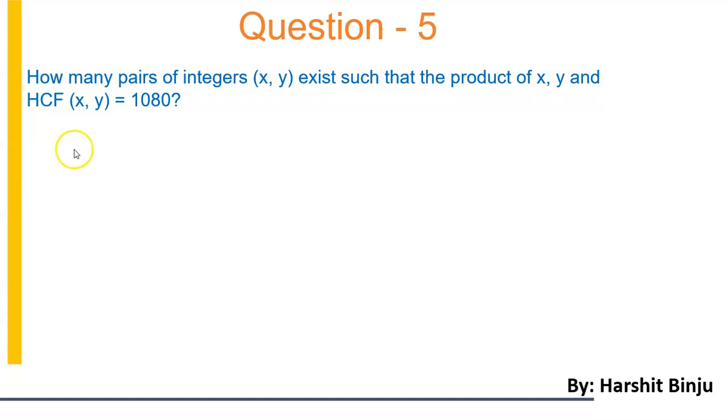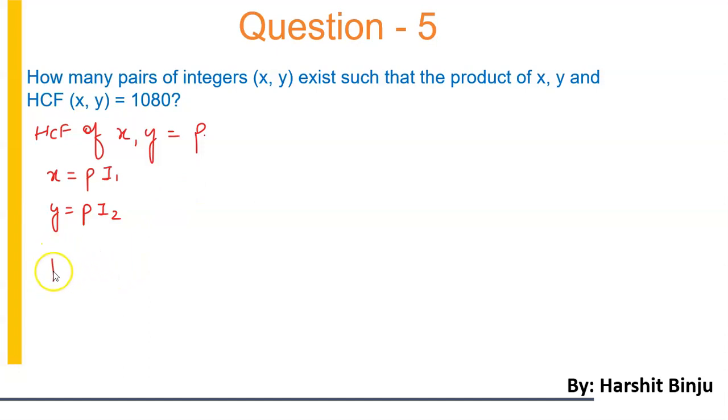So let's say that SCF of x and y is p. So x is equal to p into some integer value, y is also p into some integer value, and SCF is already given as p.